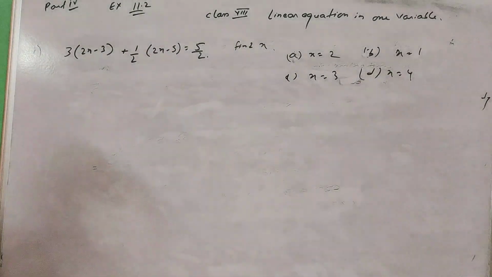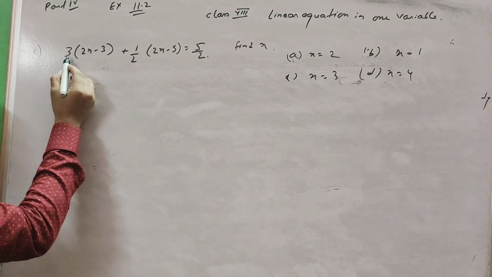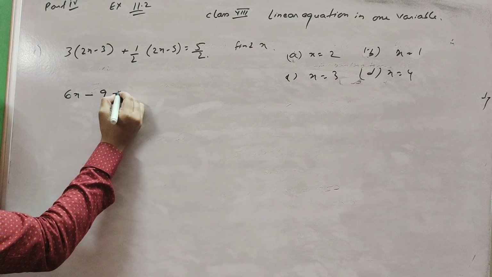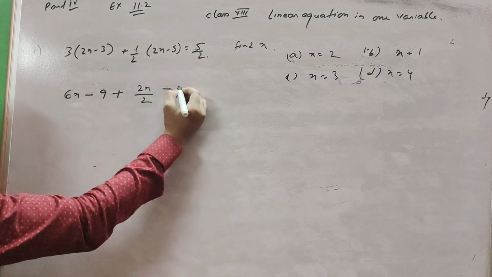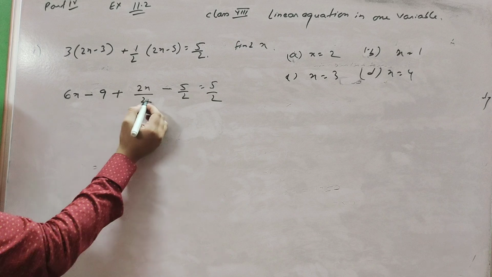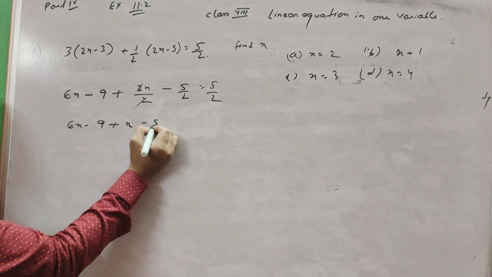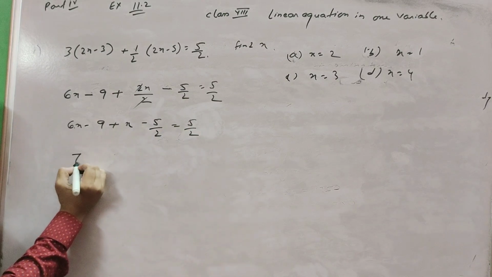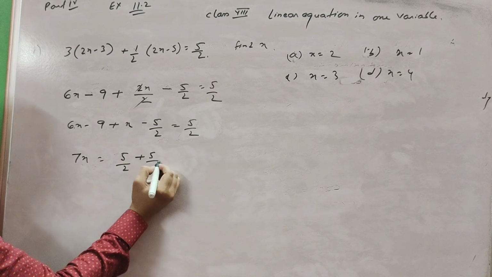Okay, so start solving. 3 into 2x is 6x, minus 3 threes are 9, plus half of 2x is x, minus 1 into 5 by 2, equals 5 by 2. Okay, clear? So this 2 cancels. So 6x minus 9 plus x minus 5 by 2 equals 5 by 2. So 6x plus 1x, that is 7x, equals 5 by 2. This minus 5 by 2 goes this side, that is plus 5 by 2.